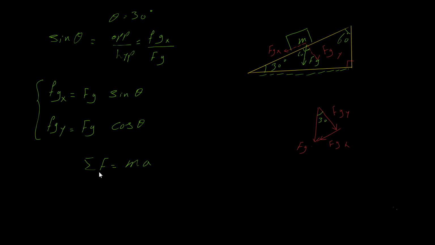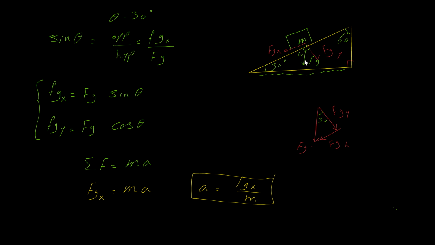There is only one force pulling the object down, and that's Fg x. So Fg x is equal to the mass times acceleration. So the acceleration of that object is going to be equal to Fg x over m. That's the case if we only have one force, the force of gravity pulling it down.